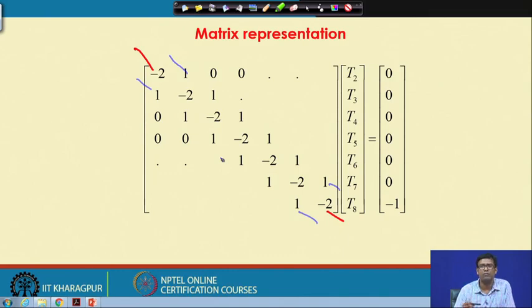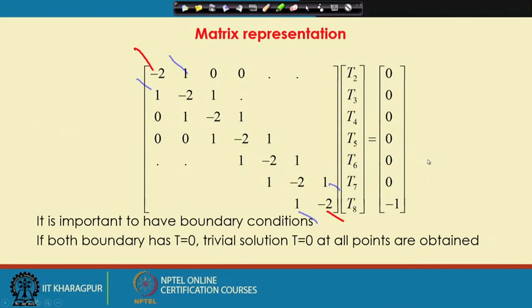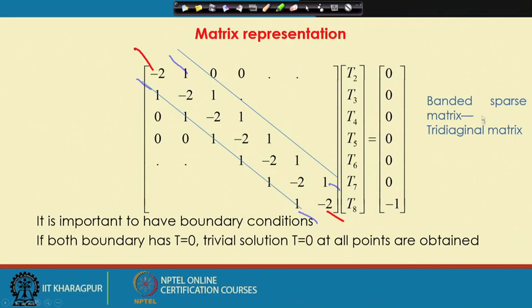If we recall the very first discussion on types of matrices, this is a banded matrix because most of the non-zero terms are clustered near the diagonal with a bandwidth of 2, one term away above the diagonal, one term below the diagonal. So, this is a banded sparse matrix called a tridiagonal matrix.